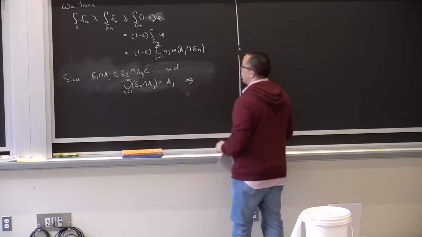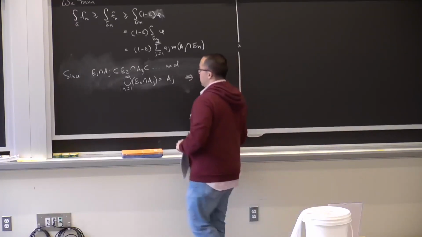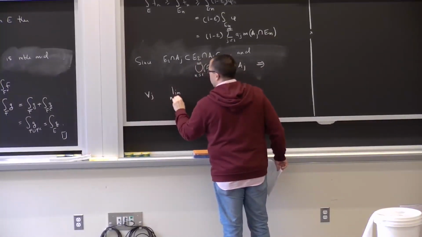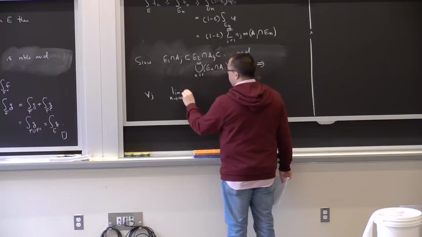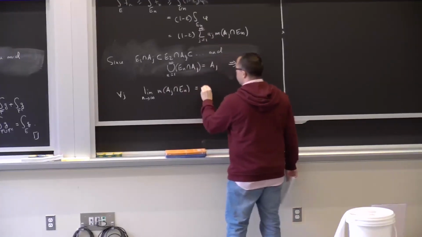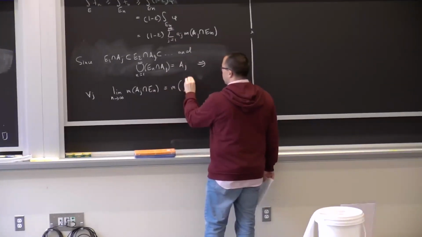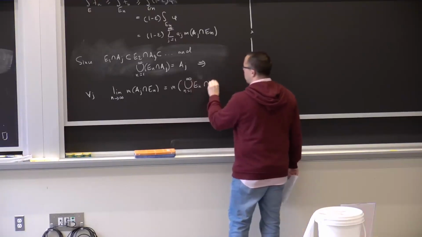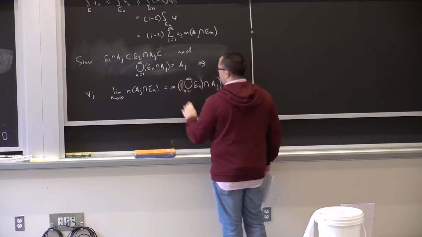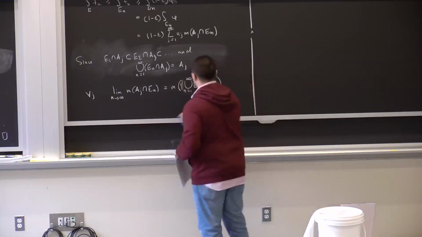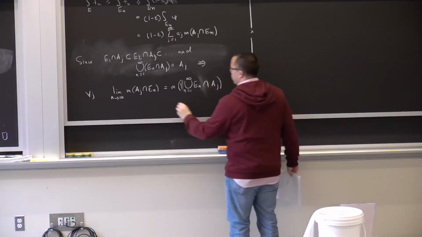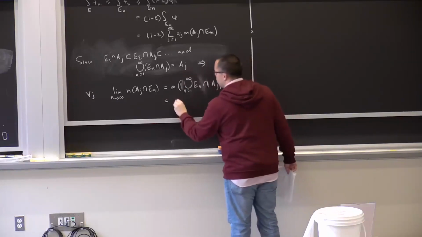We get by the continuity of Lebesgue measure, this implies for all j, that the limit as n goes to infinity of the measure of Aj intersect En is equal to the measure of the union of En intersect Aj, which, remember, this set is equal to Aj, so this is the measure of Aj.